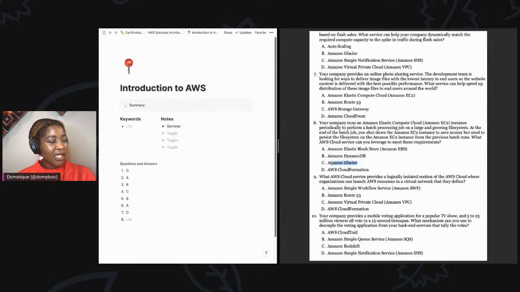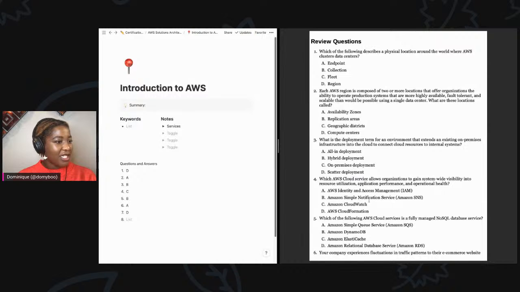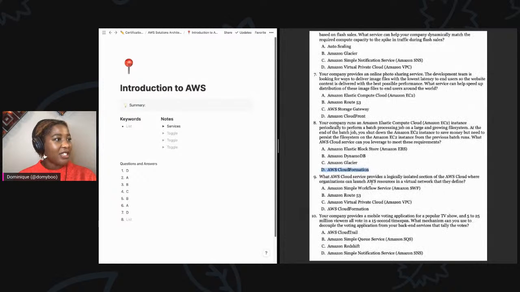Now, Glacier I'm going to rule out because that is for archiving. Unless it's a question about I need to store information for the next 7 years, then I would put Glacier, but that's not the case. CloudFormation, if I'm not mistaken, I had just said that was... no, that was CloudWatch. I don't know what CloudFormation is. DynamoDB is a database.